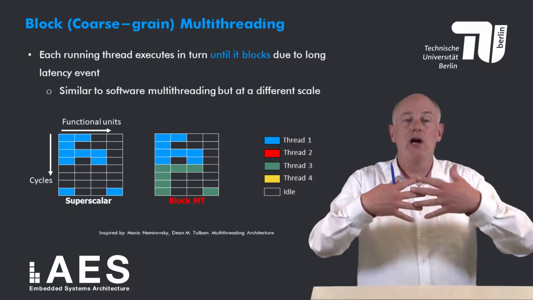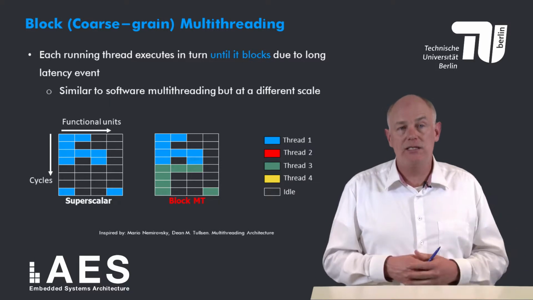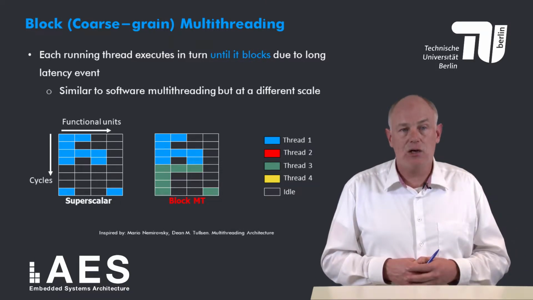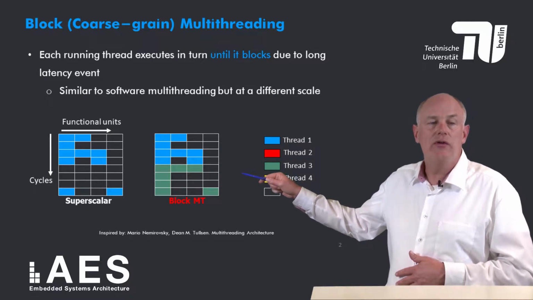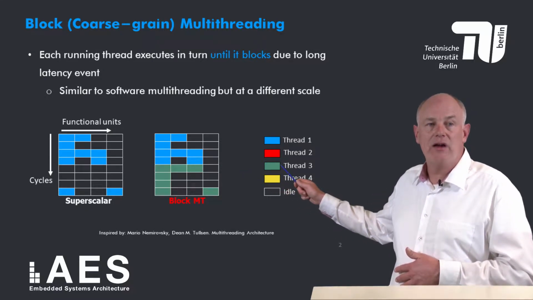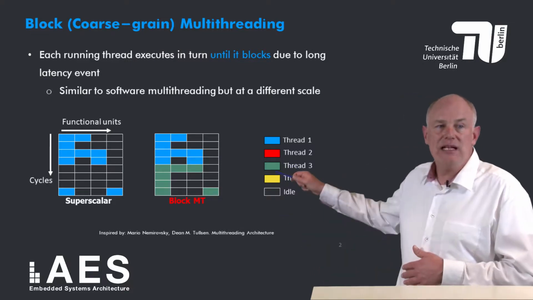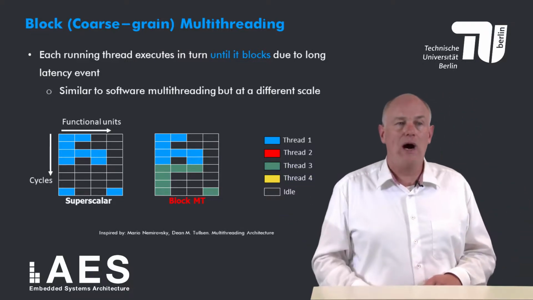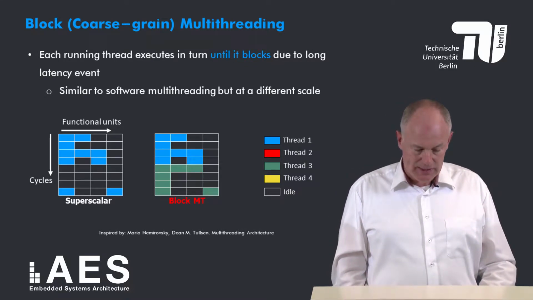Then we need to flush the remaining instructions from this thread. Of course, there is a cost involved with that. And then we start executing instructions from another ready thread, in this case the green thread corresponding to thread 3. And that's how we fill some of the white boxes corresponding to execution cycles.